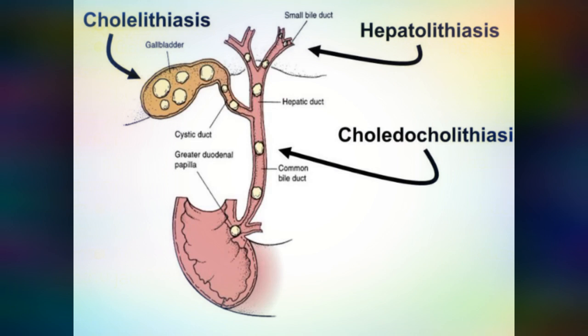Here we can see what we are talking about. Just like you have mentioned, these stones can be found at different locations, not only in the gallbladder. So you can see on the left hand side we've got the gallbladder having the stones that we're talking about, which is cholelithiasis. And we can also see the duct having the stones.